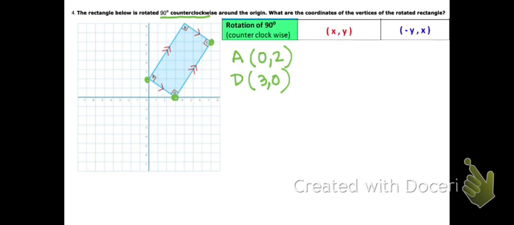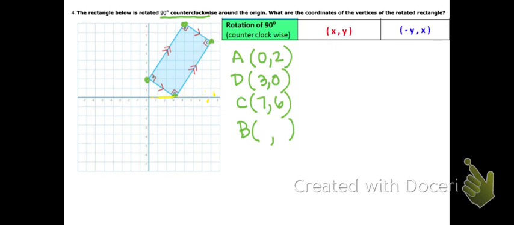This one here, point C, is over from the origin. We're going over 7, up 6. So C would be over 7 up 6. What are the coordinates for point B? Why don't you come up with those on your own?